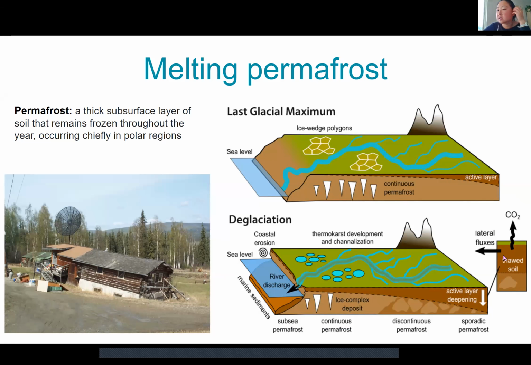When things are frozen into permafrost, a lot of whatever's in the environment is frozen at that point. So oftentimes CO2 is frozen in permafrost, and when this permafrost melts, it releases the gases and whatever else is trapped in there.